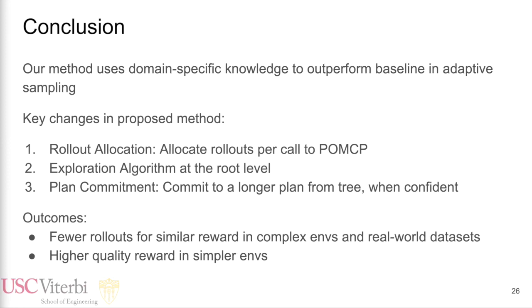And 3. Plan commitment, to commit to a longer plan from a given POMCP tree. With our method, we can get fewer rollouts for similar reward in complex environments such as validation environments from real-world data. For simpler environments, we can get a significantly higher reward with fewer rollouts.